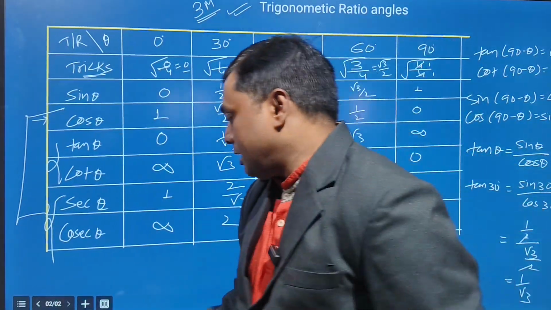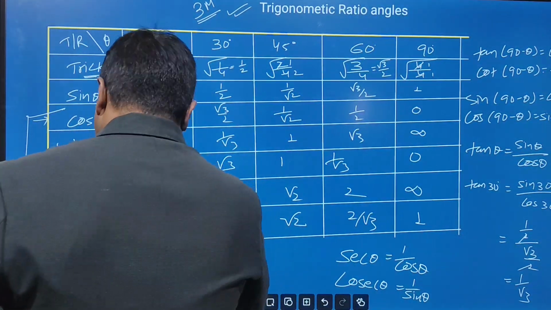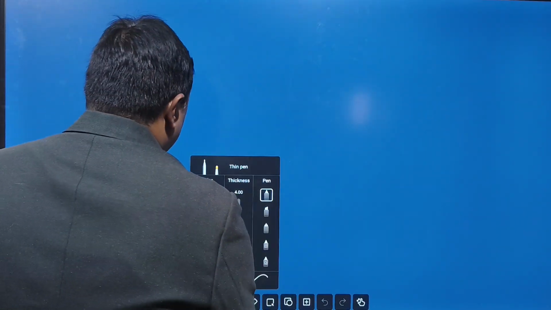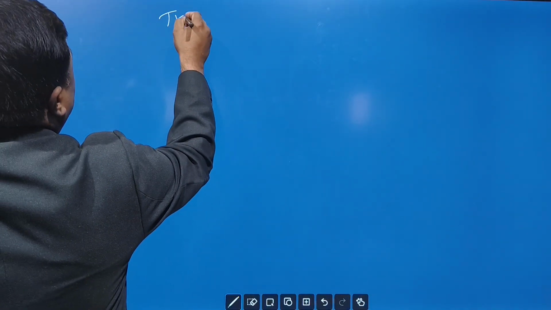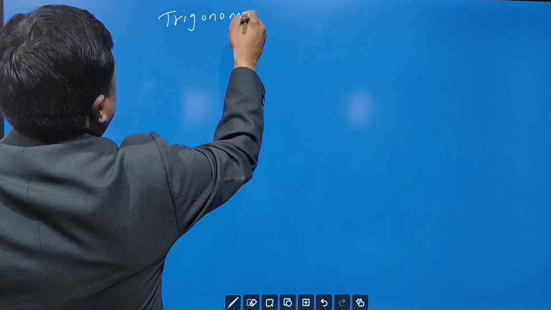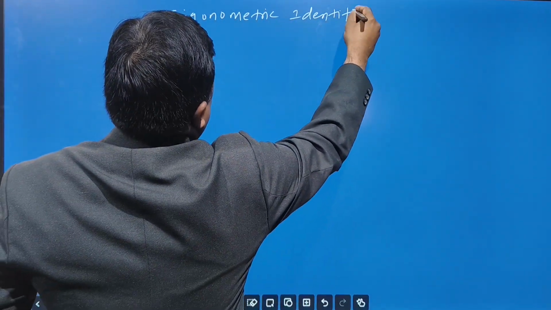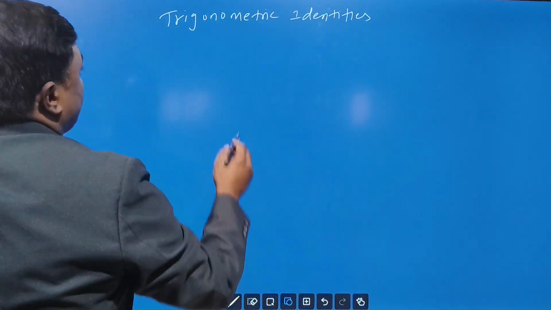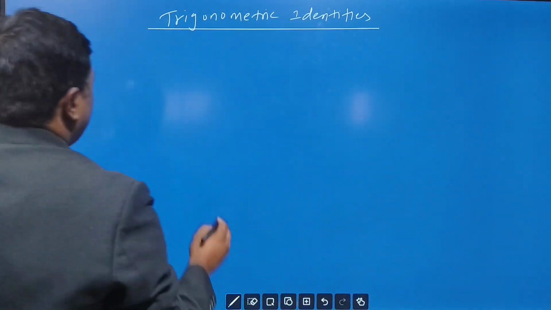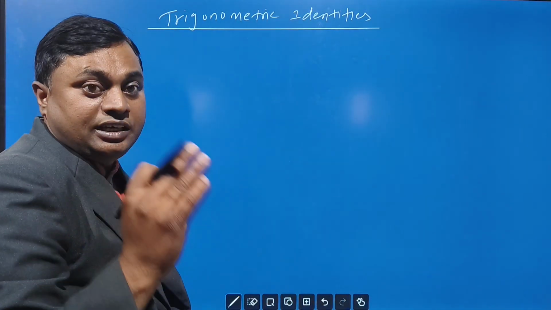Yes or no? Apart from these angles, we have some more formulas, that is trigonometric identities. Based on this also 3 marks questions are asked. What are the 3 identities? There are 3 identities only.